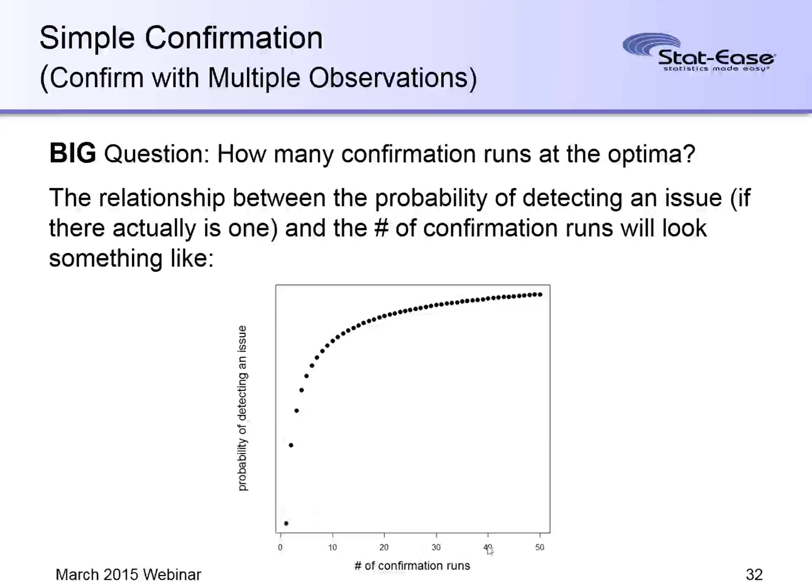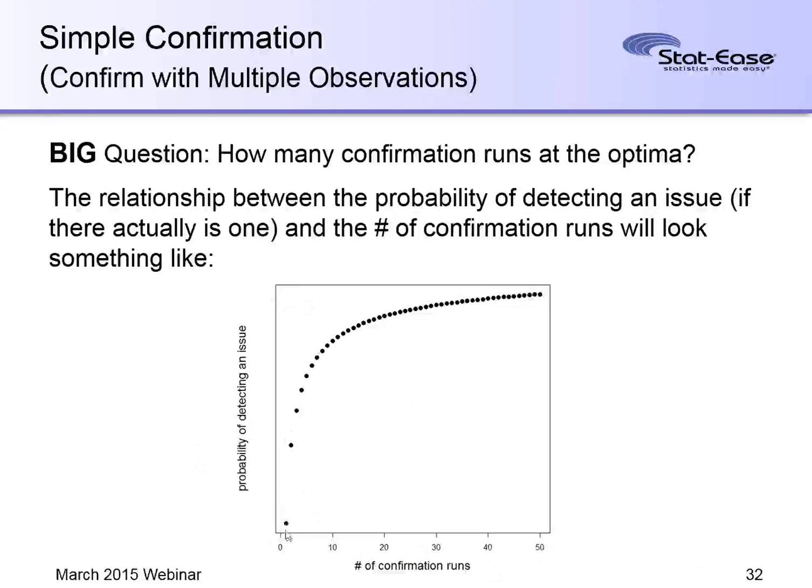As the number of confirmation runs increases, you'll see that the probability of detecting an issue also increases because we have more precision, we have less variability. And actually, if you let the number of confirmation runs grow, this will approach 1. So, again, this is not an exact picture, but this relationship holds true in many, many cases.